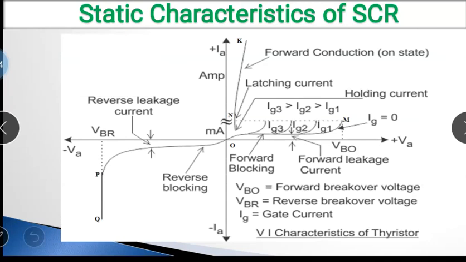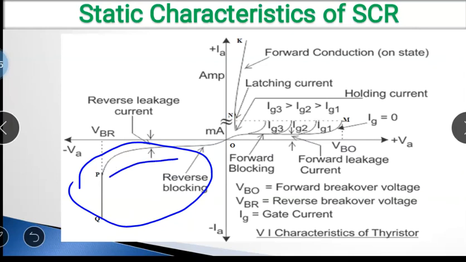Now you can see here the overall characteristic of SCR. This is the reverse blocking mode. From P to O point, this is called the reverse blocking mode. This is VBR, the reverse breakdown voltage. The graph is plotted between anode voltage and anode current.